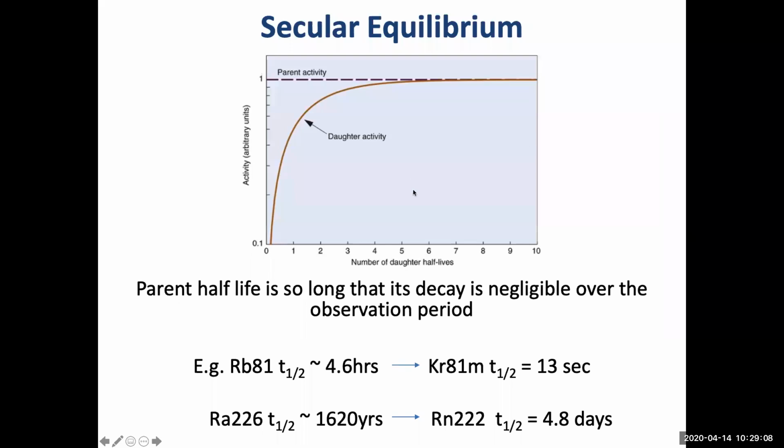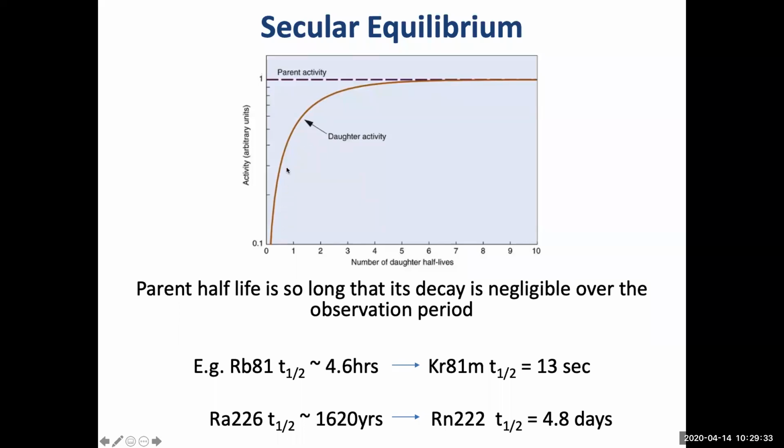This is the secular equilibrium. Secular equilibrium arises when the parent half-life is so long that its decay is negligible over the observation period, while the daughter activity builds up. The parent half-life is very long, much longer than the daughter's.